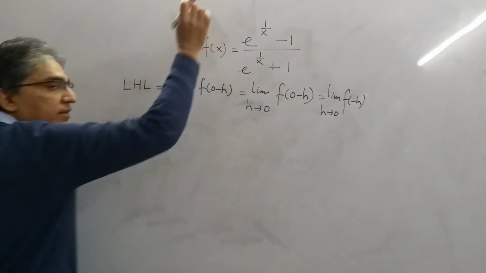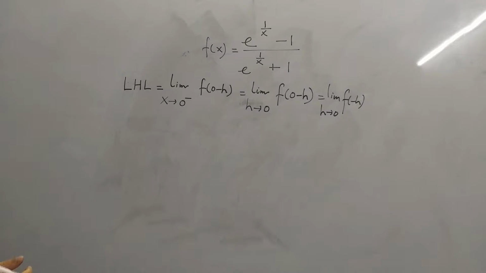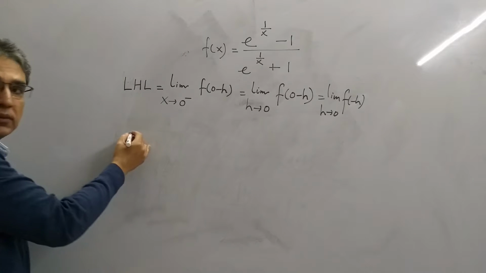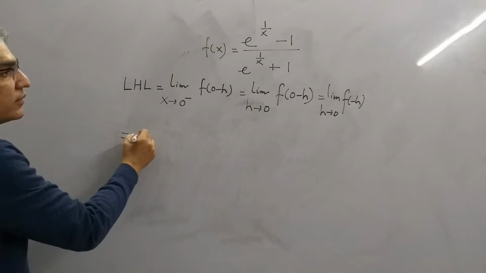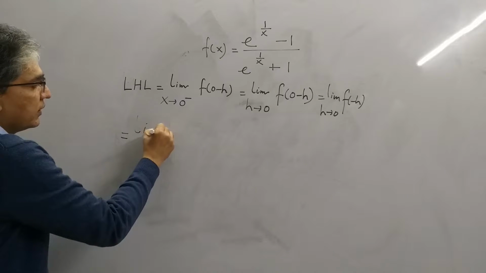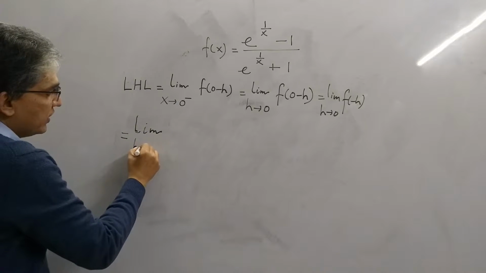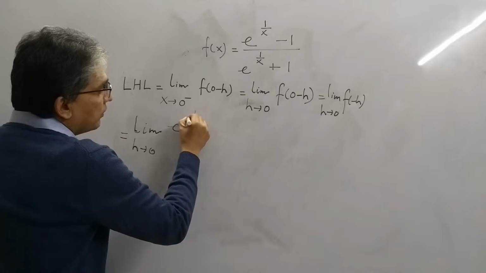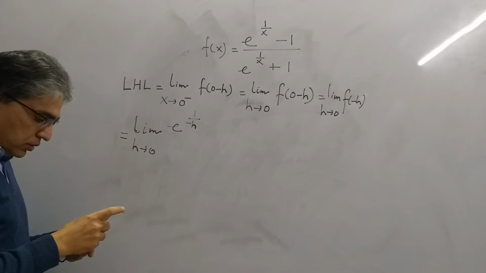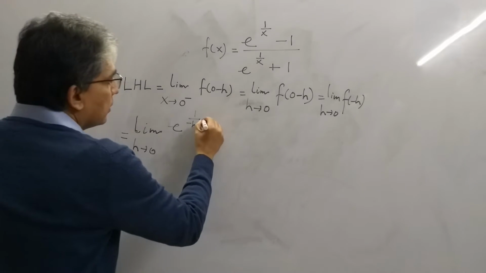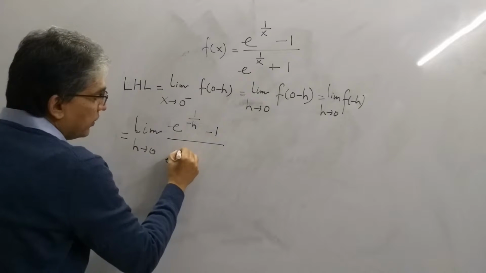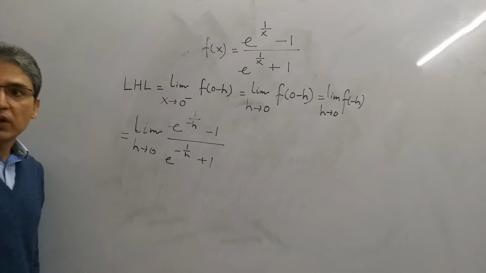So I'll put minus h at the place of x. So this is limit h tends to 0 of e to the power 1 upon minus h, minus 1, divided by e to the power minus 1 upon h, plus 1.